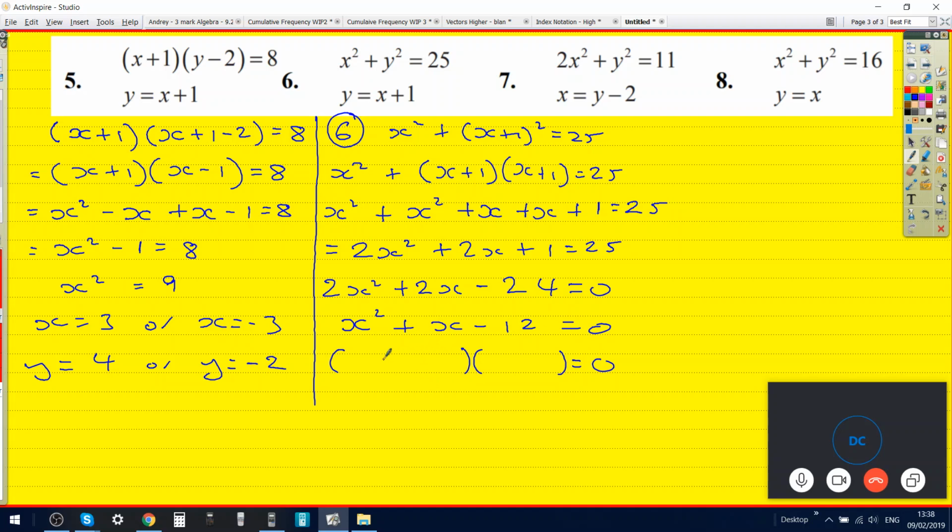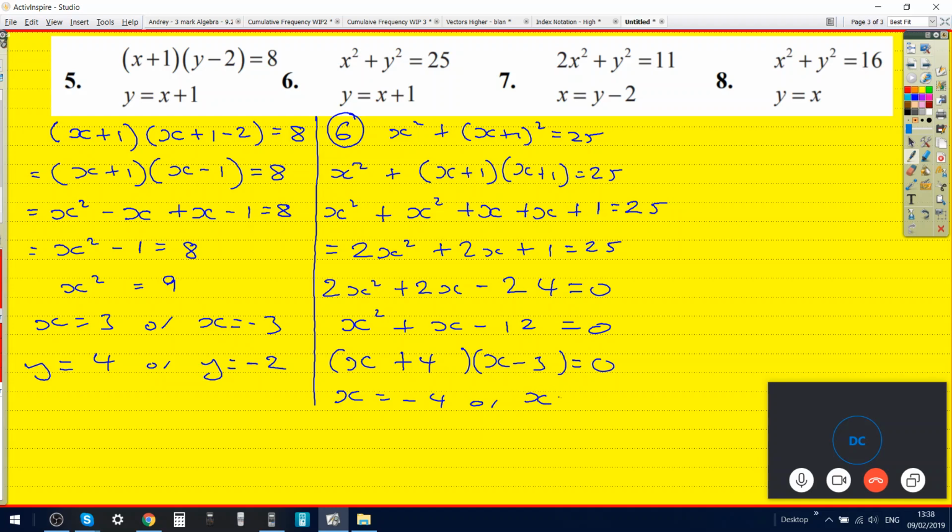So (x plus 4)(x minus 3), and so x equals minus 4 or x equals 3.